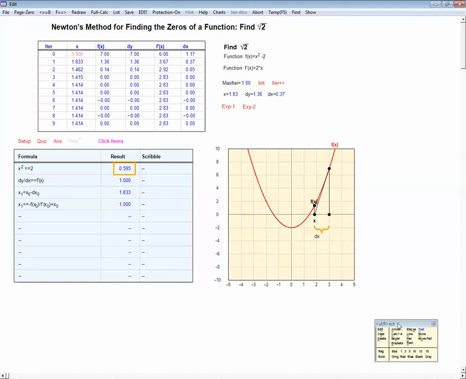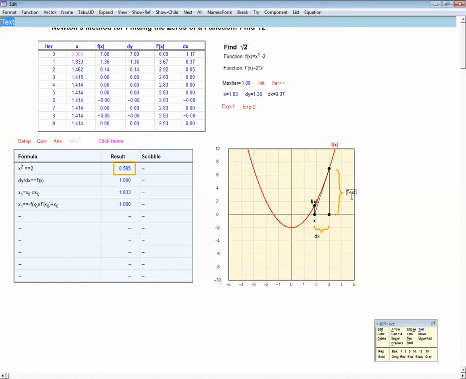And we want to call the gap from here up to here, we want to call that dy.